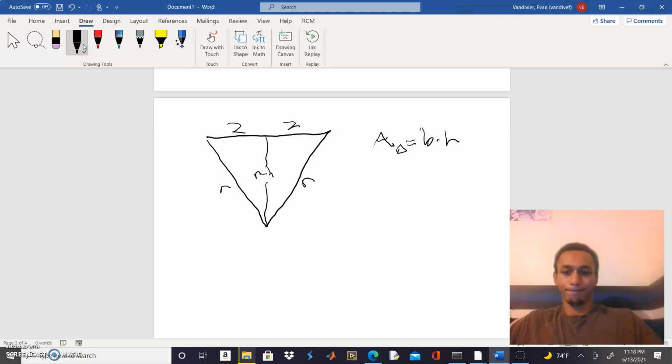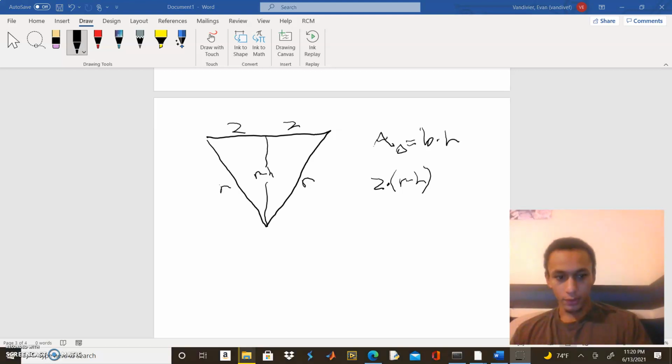The base is this z, so you get z times r minus h. And then since it's a triangle, you have half. So that equals the area.